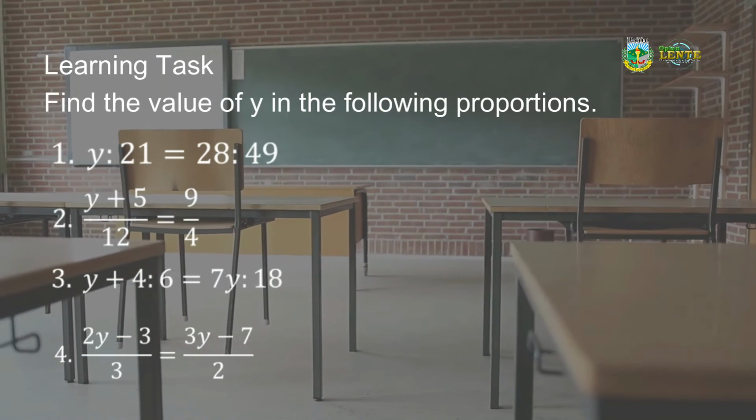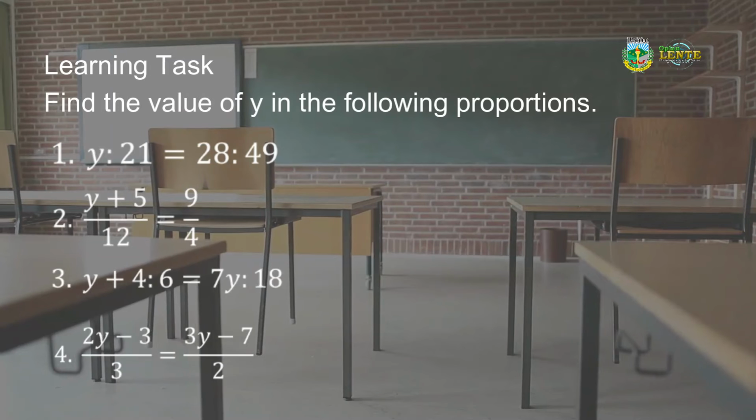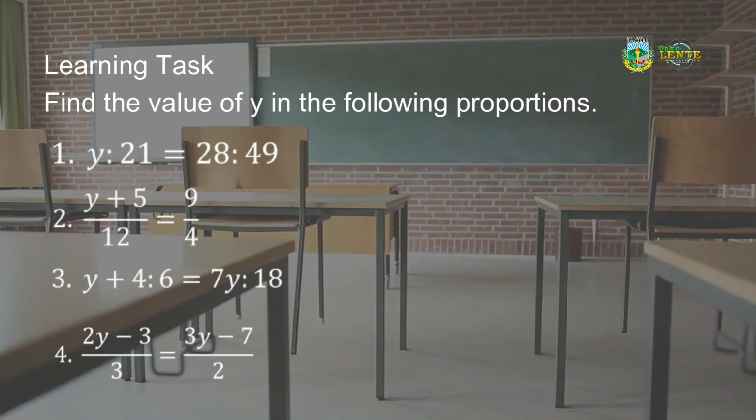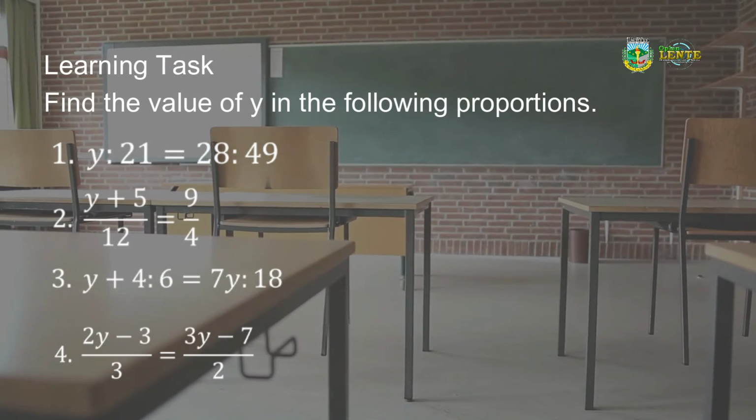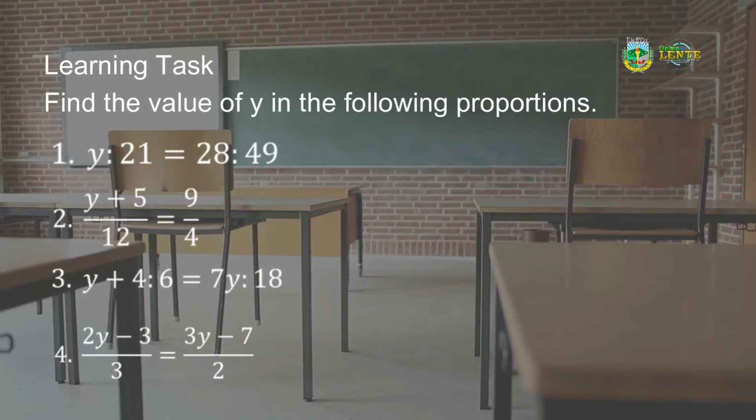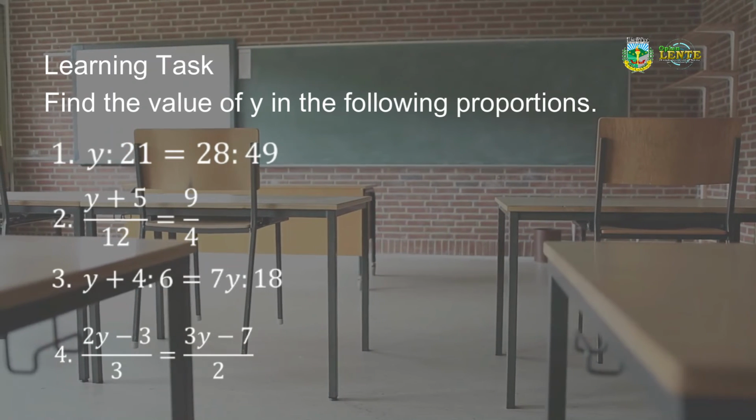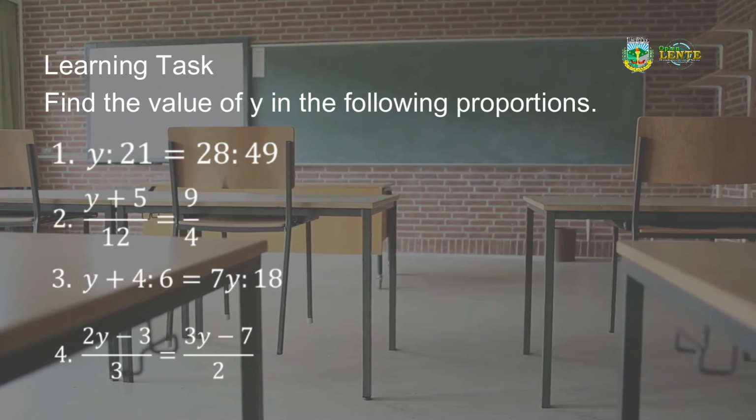Okay, Makilinians, grade 9 students, let's see if you understand what we discussed today. Let's try this. You are going to solve for the value of y in the following proportion.